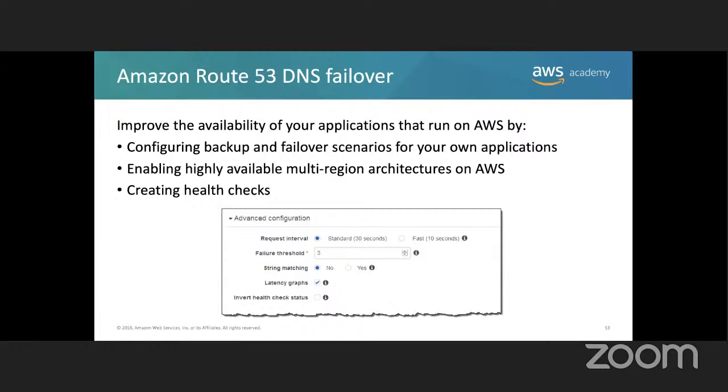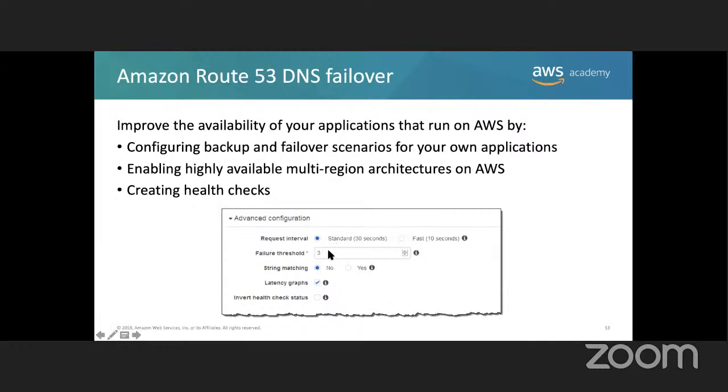Each health check that you create can monitor one of the following: the health of a specific resource, such as a web server, the status of other health checks, and the status of an Amazon CloudWatch alarm. So you can check several things. We have request interval, 30 seconds; you can go faster if you want to.